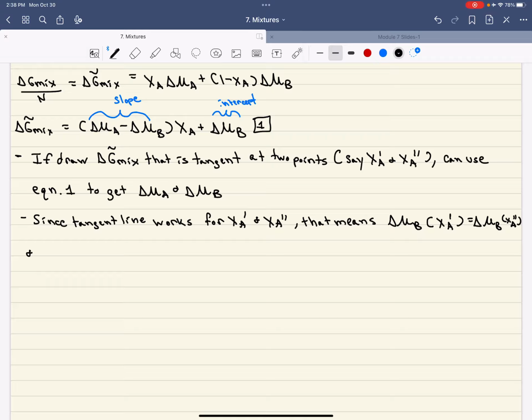And the same for delta mu A: XA prime is equal to delta mu A XA double prime.